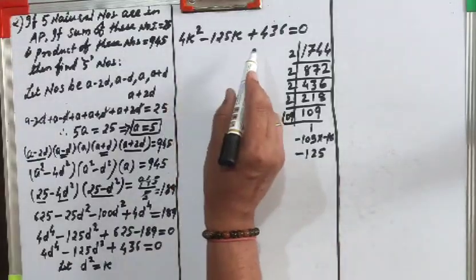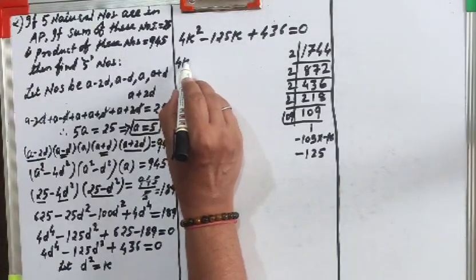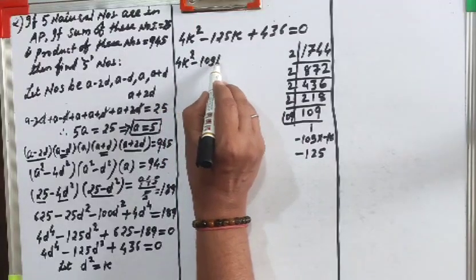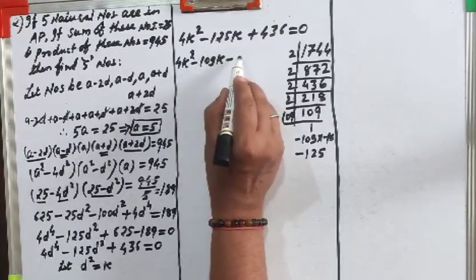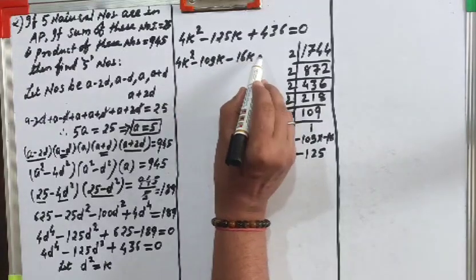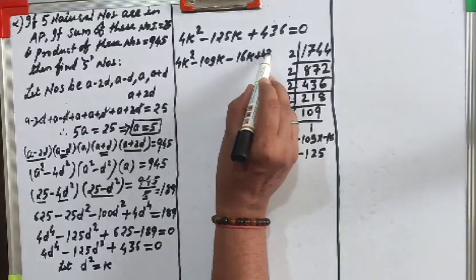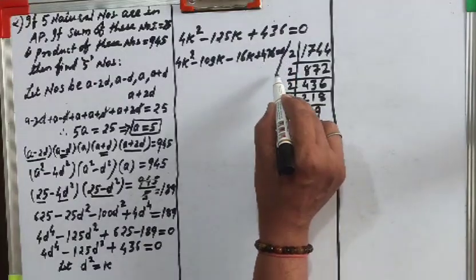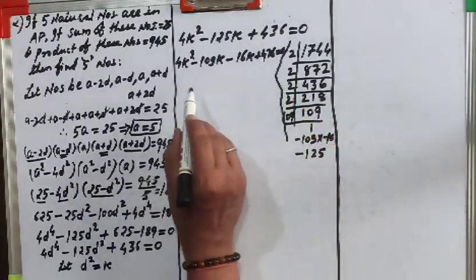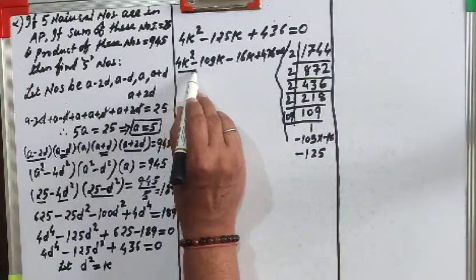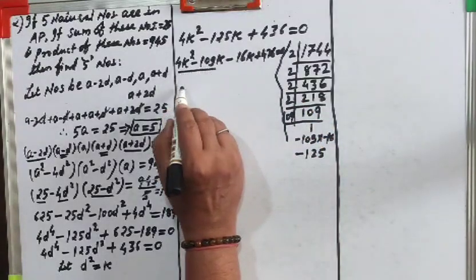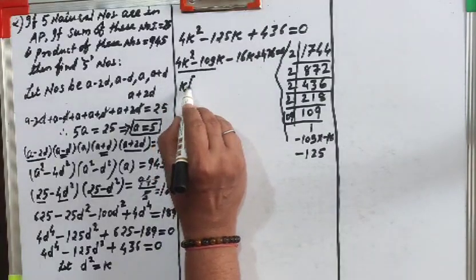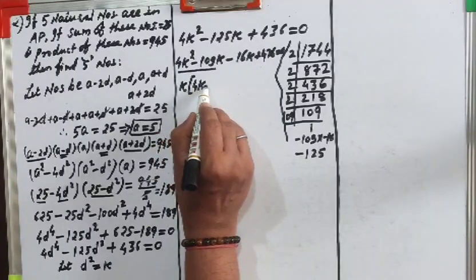So I can split this and I can get 4k square minus 109k minus 16k plus 436 equals to 0. Now from the first and the second term, you can take k common. So you will get in the bracket 4k minus 109.